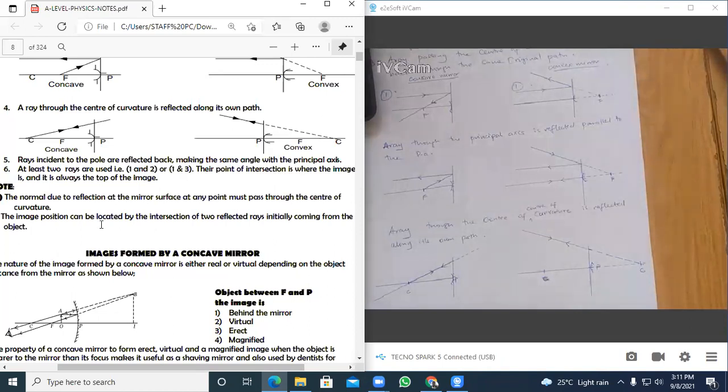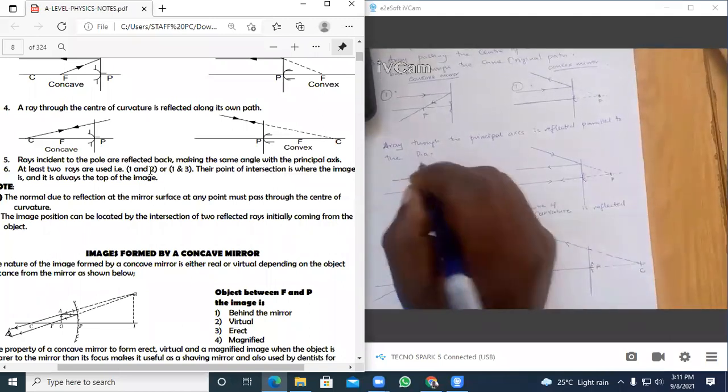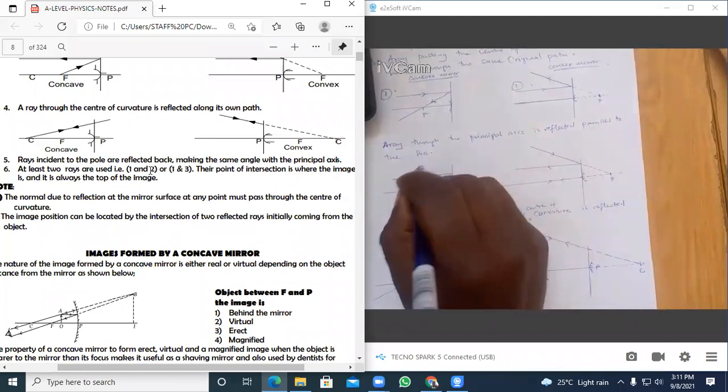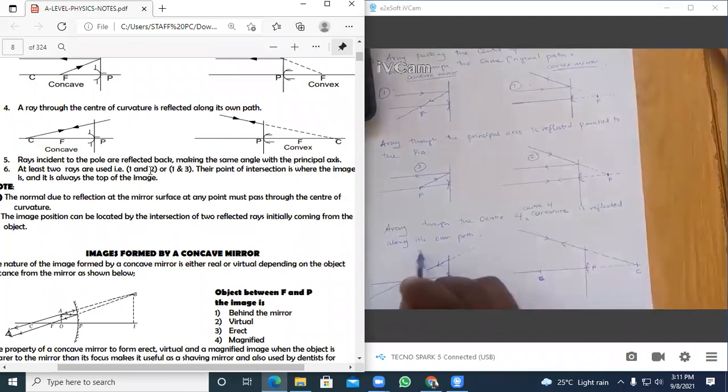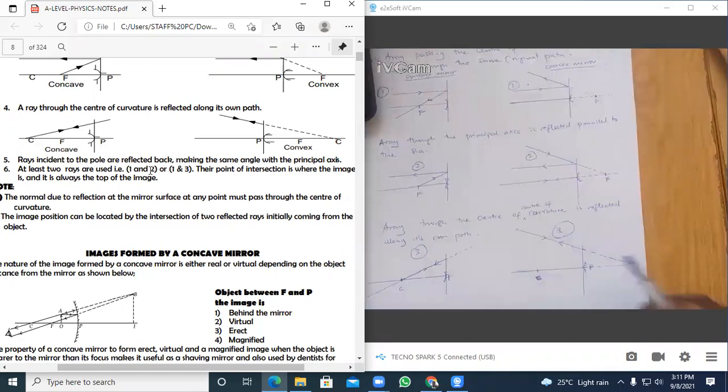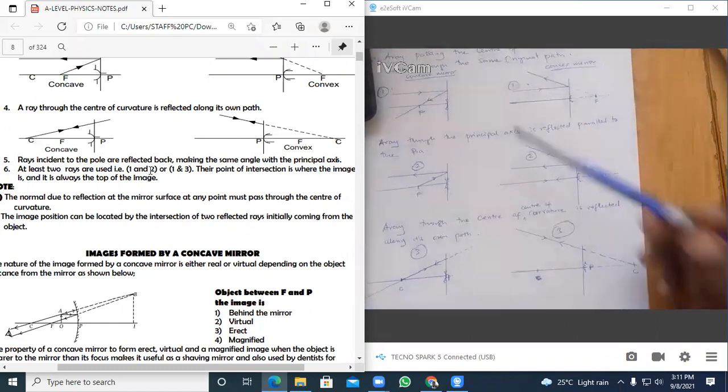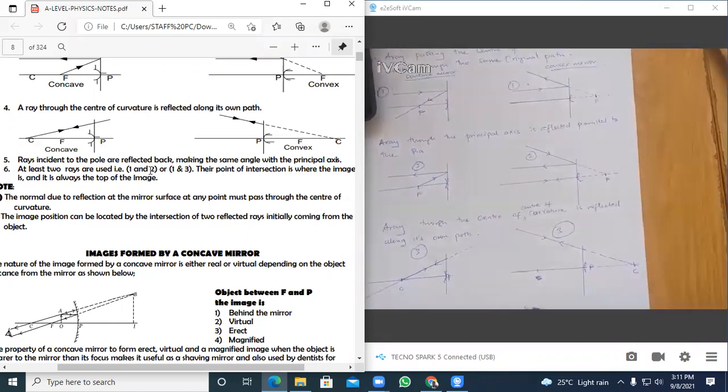So they are telling you to use at least 1 and 2, or 1 and 3. You can use this one, this is 2 and this is 3. So you can use either 1 and 2 or 1 and 3, for you to find the point of intersection of the image.